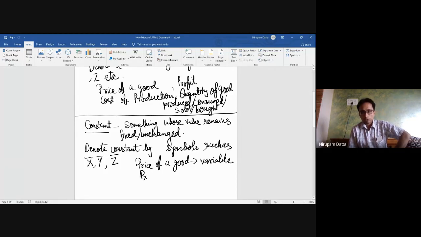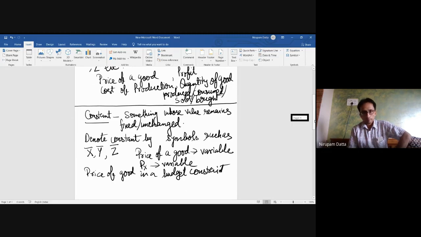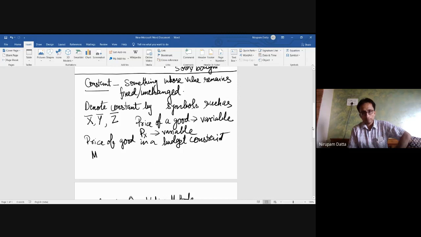Px, price of good X, is a variable. But when we consider the price of a good in a budget constraint, M is your money income.